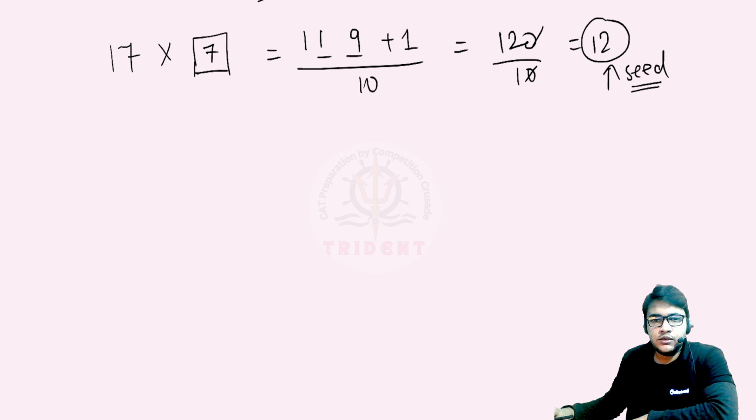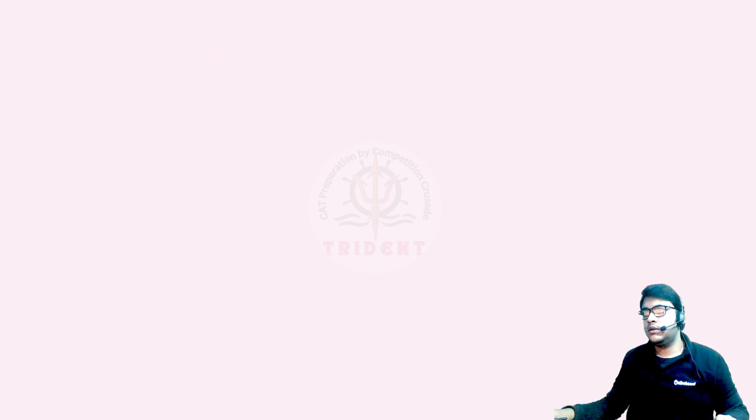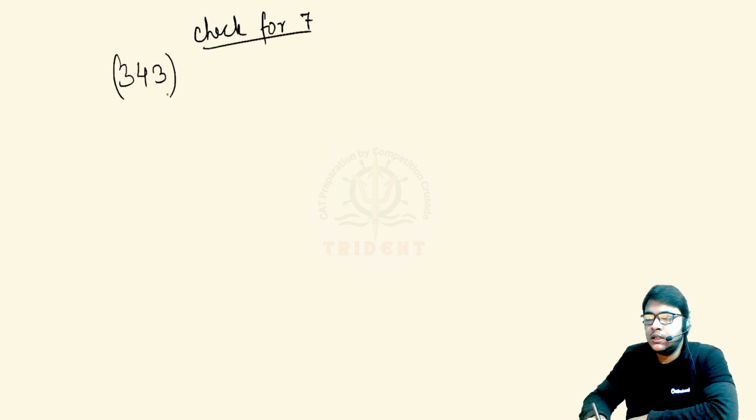Now that you have understood how to calculate the seed numbers, let's predict the divisibility rule. You can just look at how I am doing it. Let's say I have the number 343 and I want to check for 7. How will I check for 7? The rule says you take the last digit of the number and multiply it with the seed number.